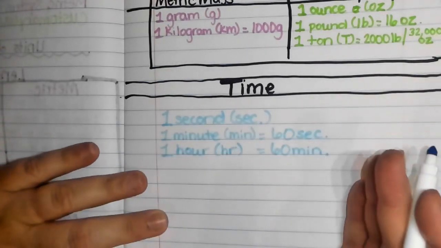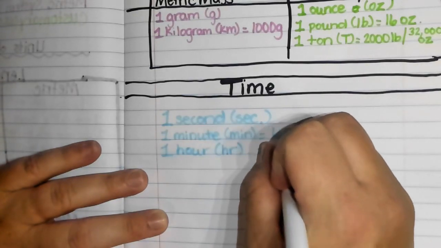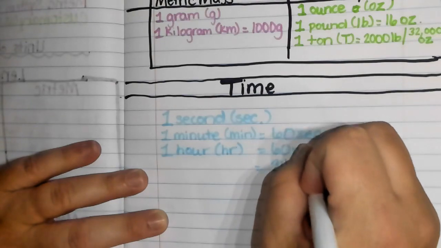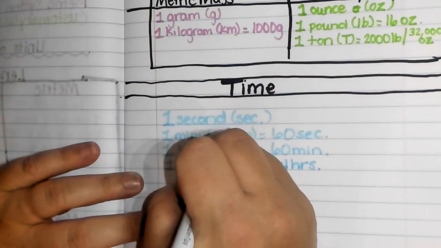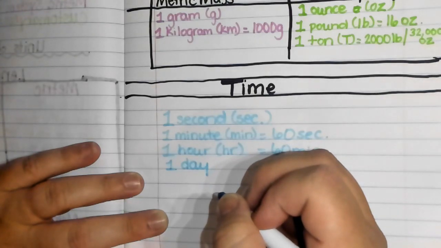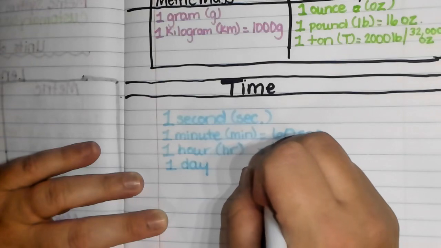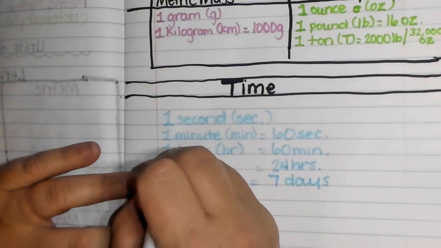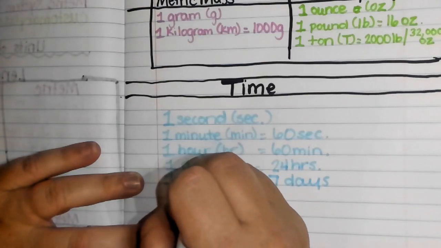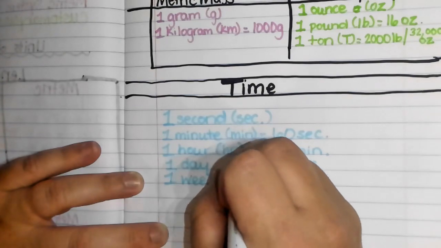And then so on and so forth. If you have 24 hours, you have now equaled up to 1 day. And if you have 7 days, you have 1 week. The abbreviation for week is WK.